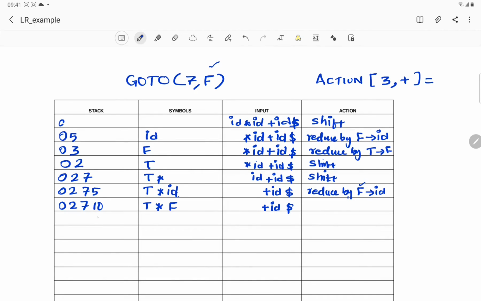Now the stack top is 10, and the next input symbol is plus. So we need to consider action of 10 comma plus.